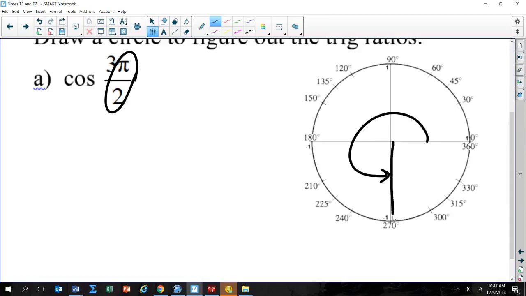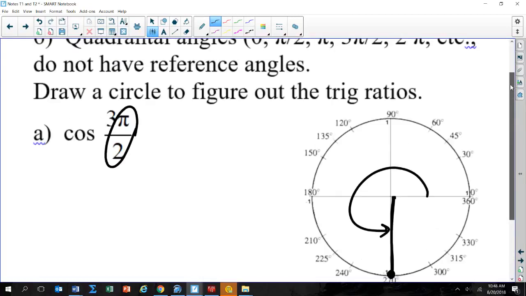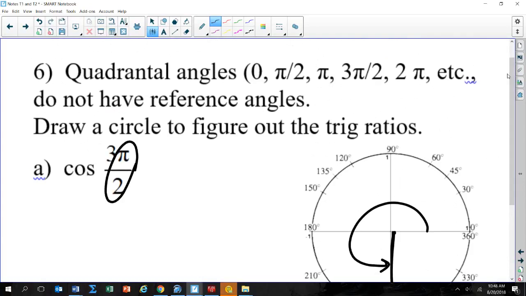If this is the terminal side, and I'm trying to construct a triangle, normally to construct a triangle, I go from the terminal side to the x-axis. But see how that doesn't make a triangle? So I need another method. Whenever I'm working with quadrantal angles, I always pick a point on the unit circle. So I'm just going to write point.